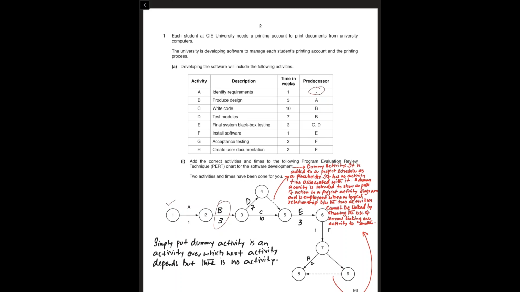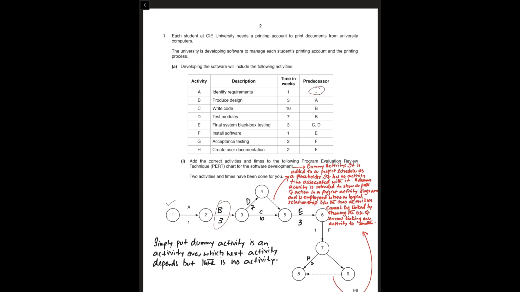Now, as I told you earlier, two activities which are originating from the same node cannot end on the same node. So both C and D are ending on different nodes.